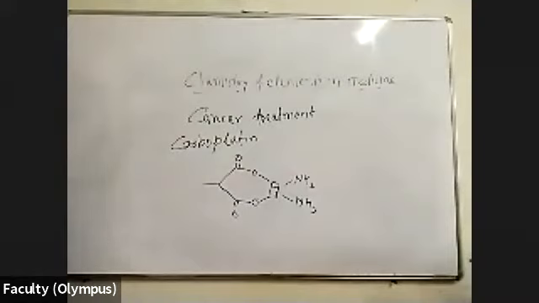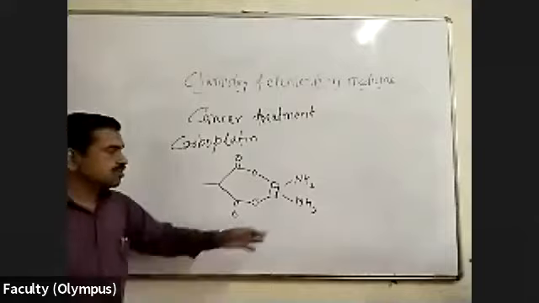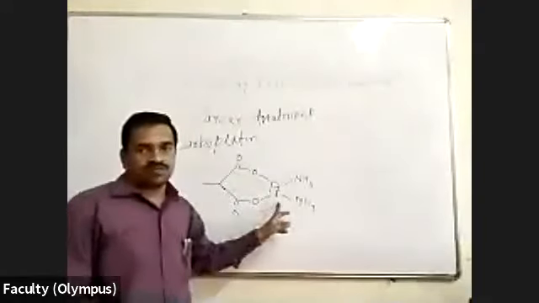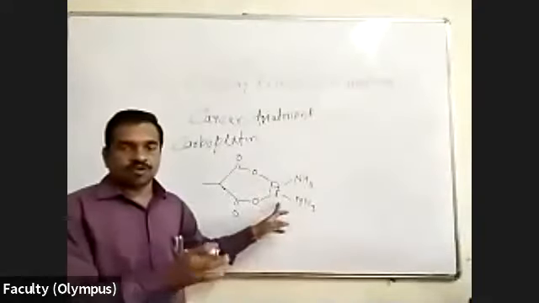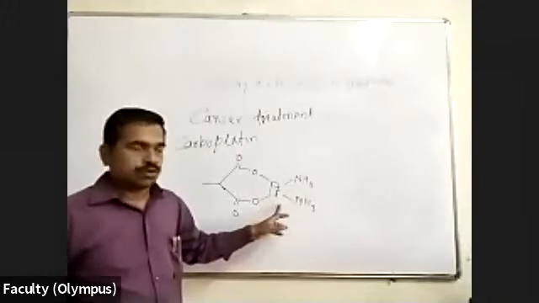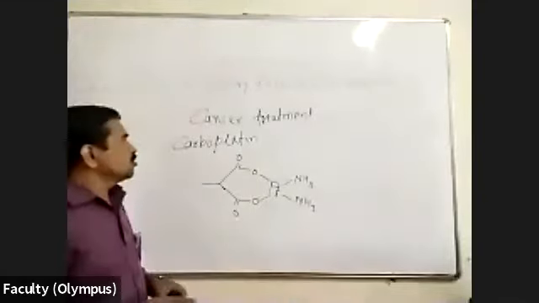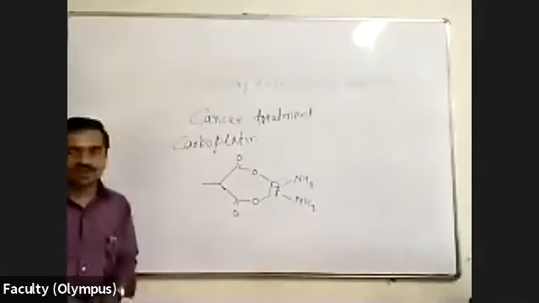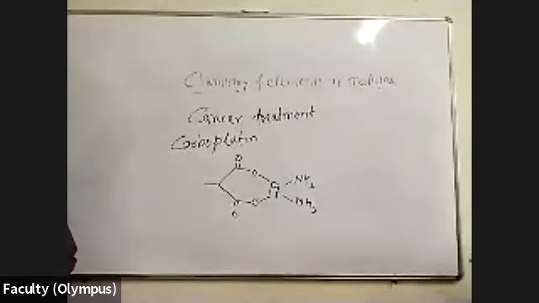This is called carboplatin. The mode of action is the same: platinum combines with the nitrogen of that guanine and it stops the DNA synthesis. Okay. This is another complex of platinum which is used for the treatment of cancer.